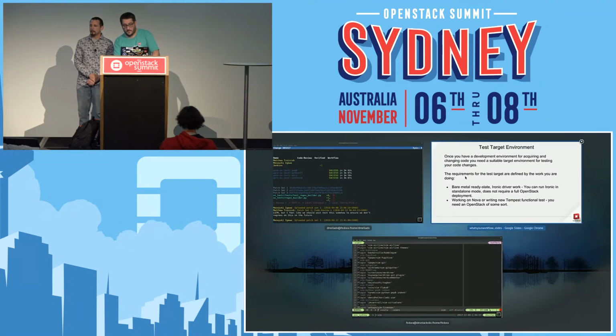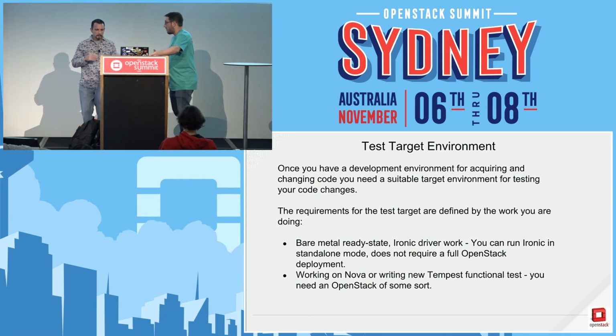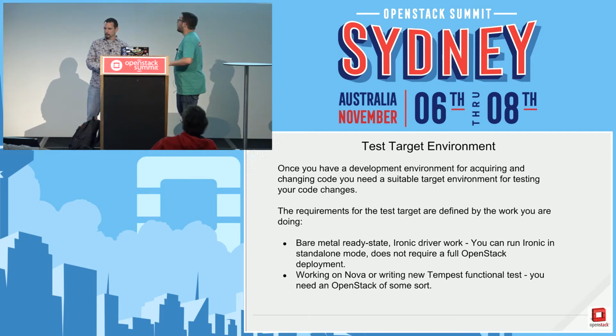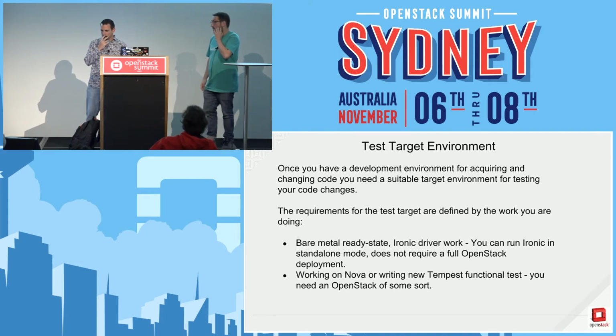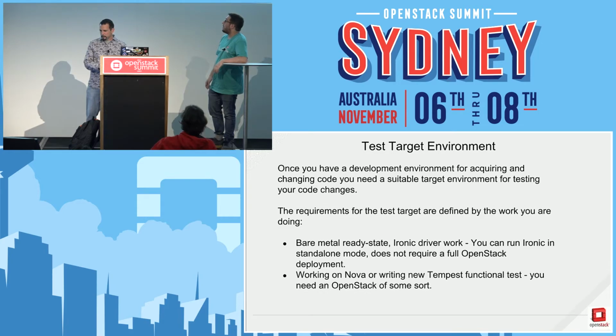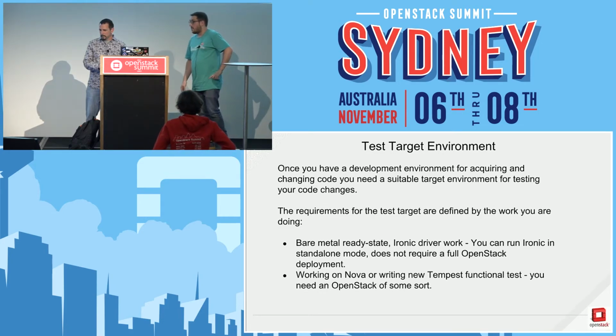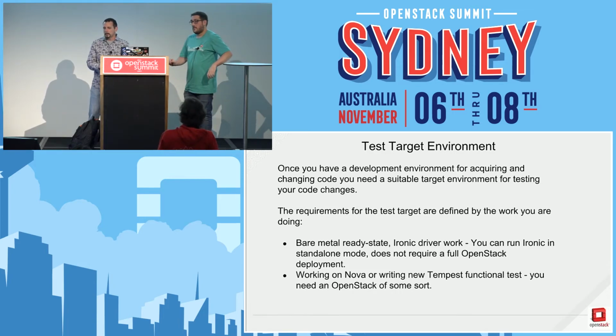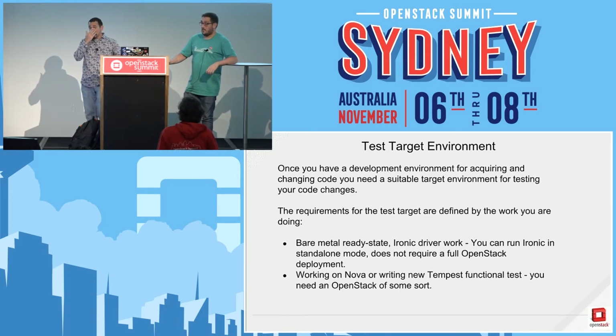We're going to have to blast through the last of the slides, I think. So, test target. At the beginning we talked about how you have some goal in mind, whether it's to fix a bug or add a feature, and then you need some test environment to make that happen.